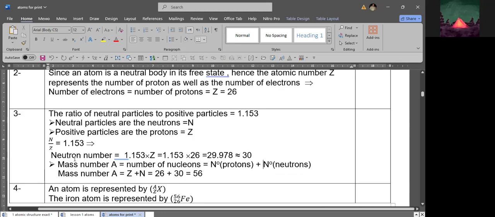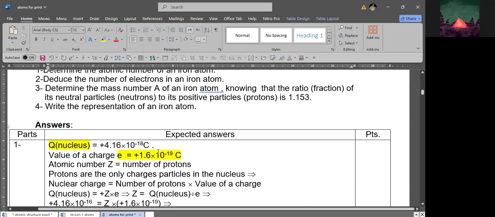Last question: write the representation of the iron atom or nuclide.